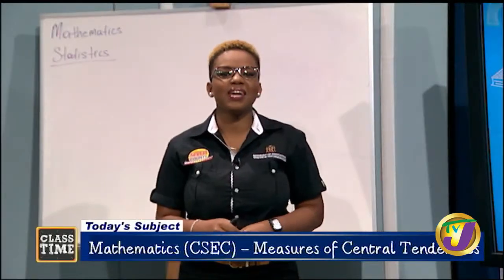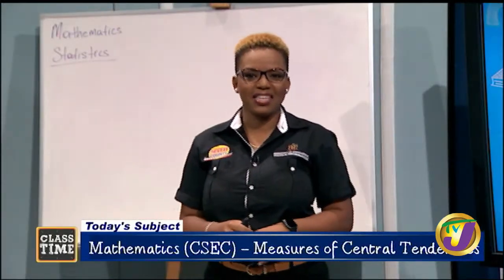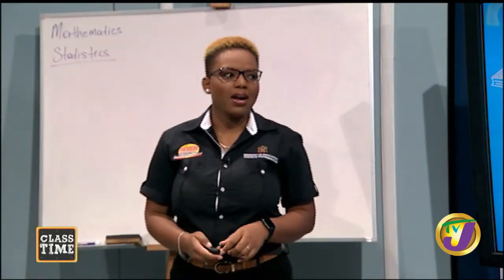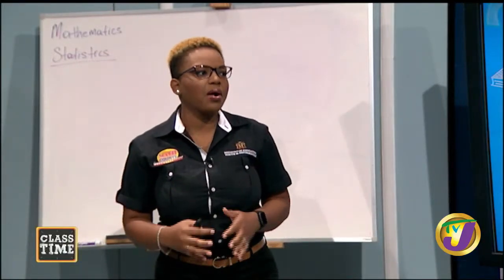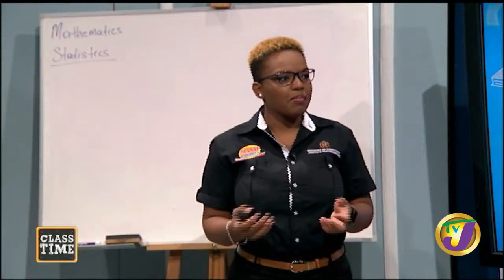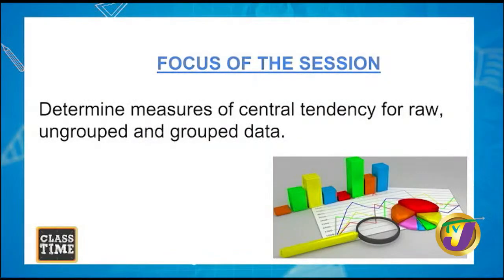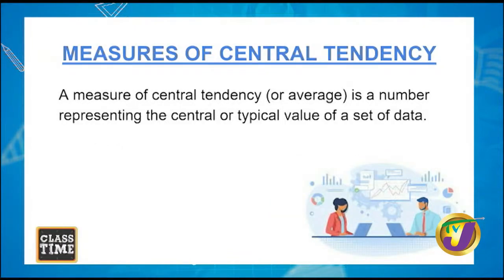Today, we're going to look at measures of central tendencies. All right, so as we said, today we're going to be determining measures of central tendency for raw data, grouped and ungrouped. When we talk about measures of central tendency, we're looking at a number that represents the central or the typical value of a data set.